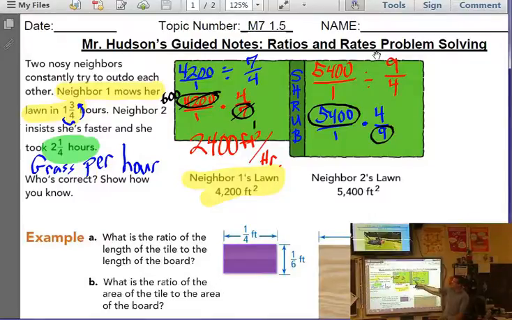Yeah, because think about 54 divided by 9. What would that be? 6, and then you put your 2 zeros back on. So this becomes 600. My 9 becomes 1. What's 600 times 4? 6 times 4 is 24, and then you have 2 zeros. Yep.